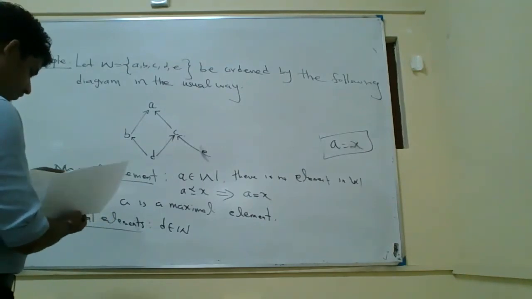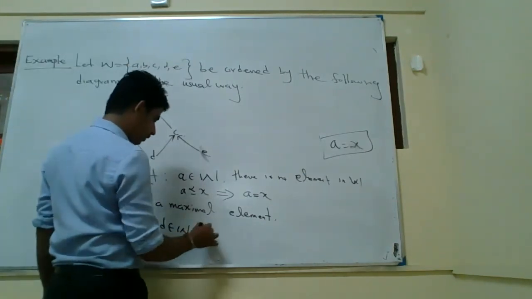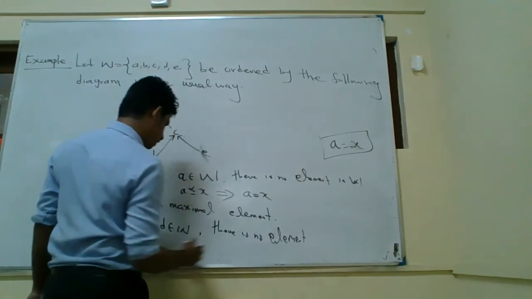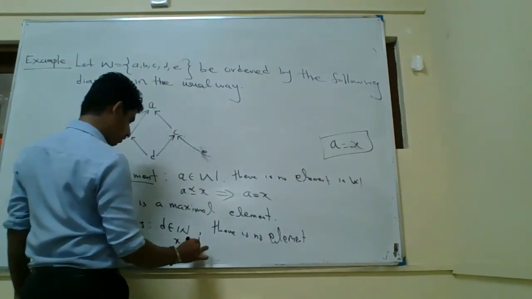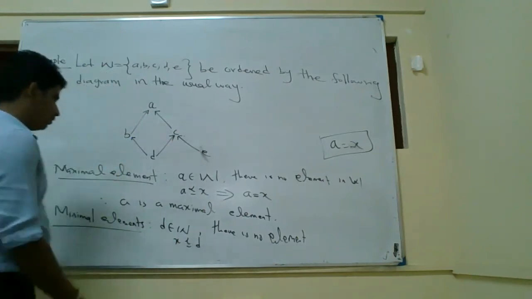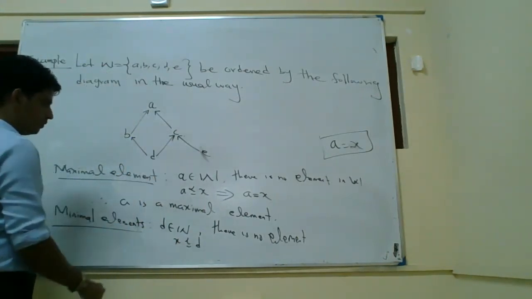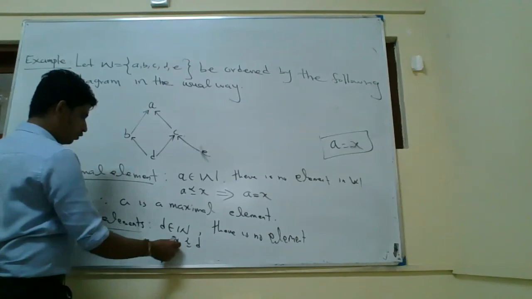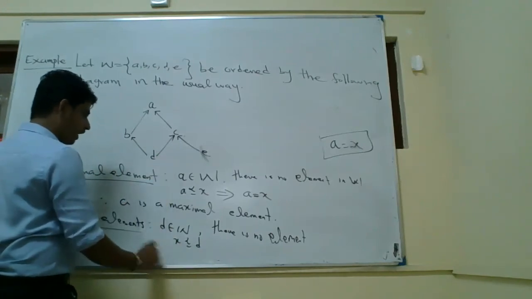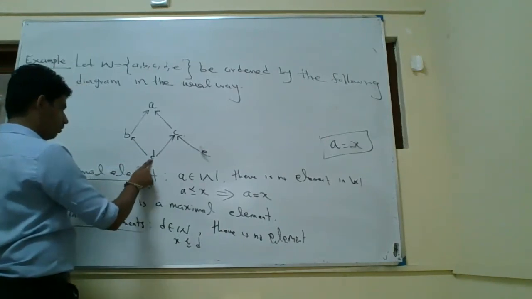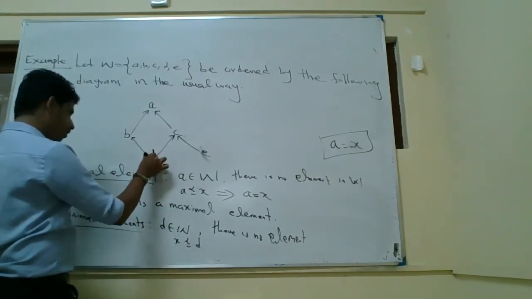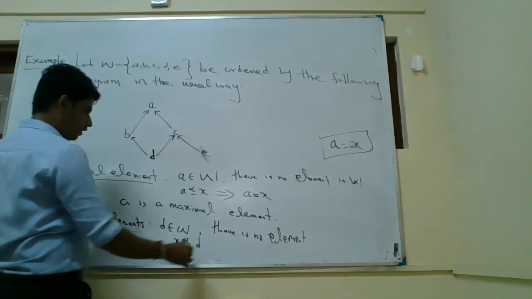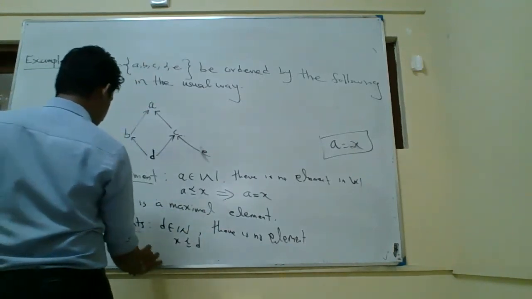There is no element X that precedes D. Suppose X equals some element F, then F precedes D, but there is no such element. Therefore, D is your minimal element.